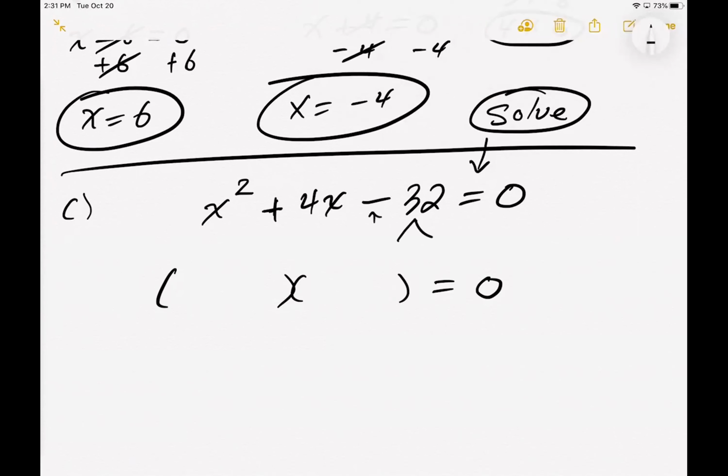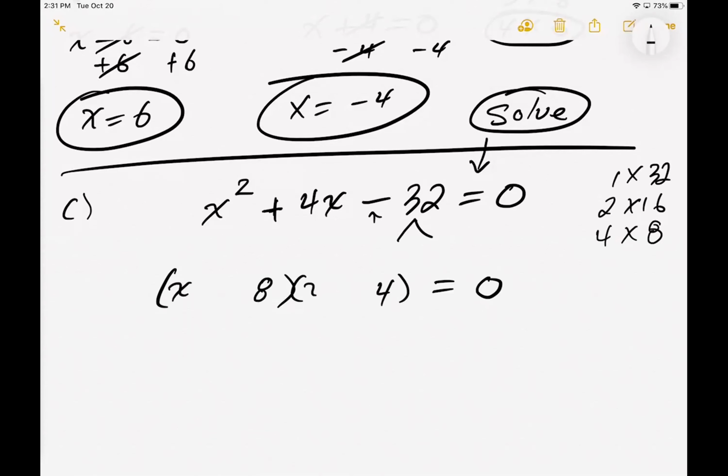If you're in doubt, we know that 1 times 32, 2 times 16, 3 cannot go, 4 times 8, 5 cannot go into it, 6 cannot go into this, 7 cannot go into 32, 8 times 4, you're back to where you stopped. So looking at this here, 8 times 4 is 32, 8 minus 4 is 4. What do I have?